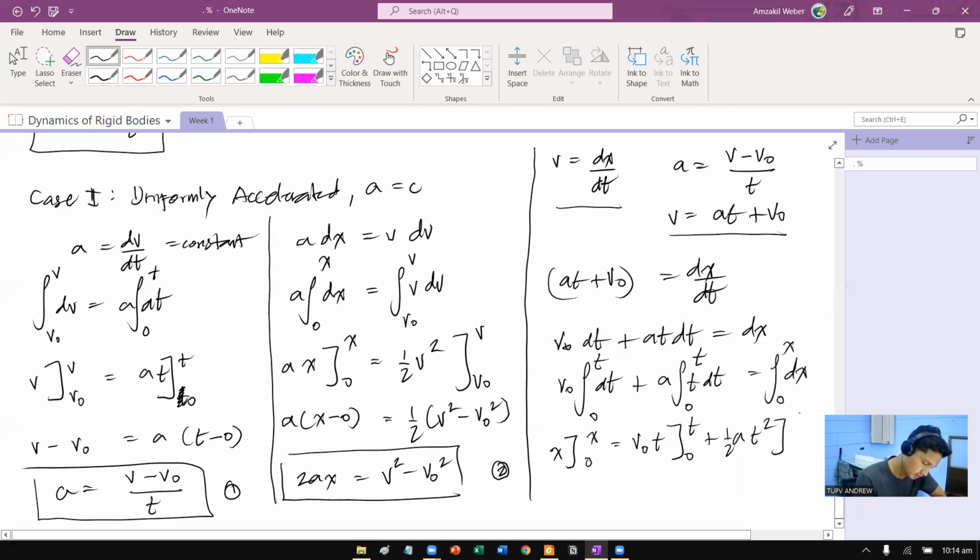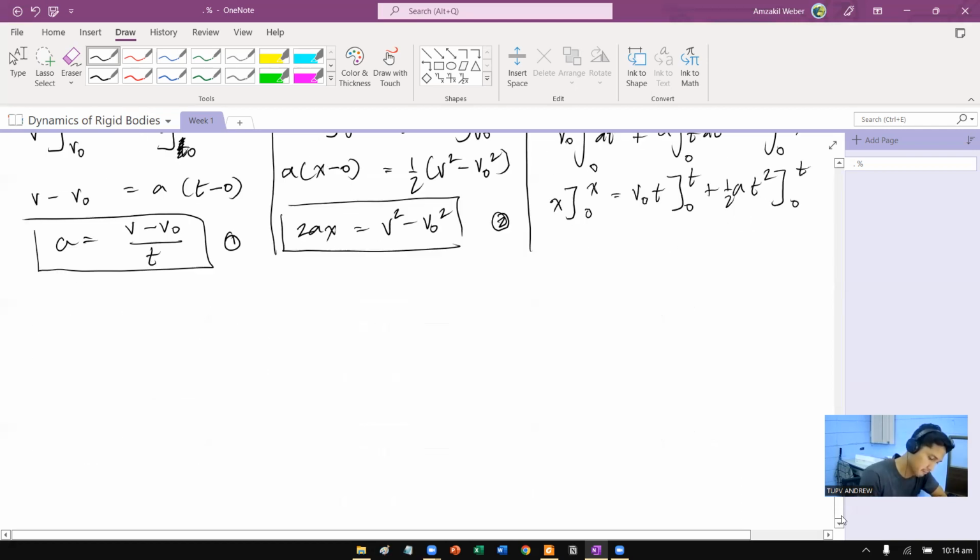So finally, our last equation to complete the three equations is x equals v0 t plus 1/2 a t squared.